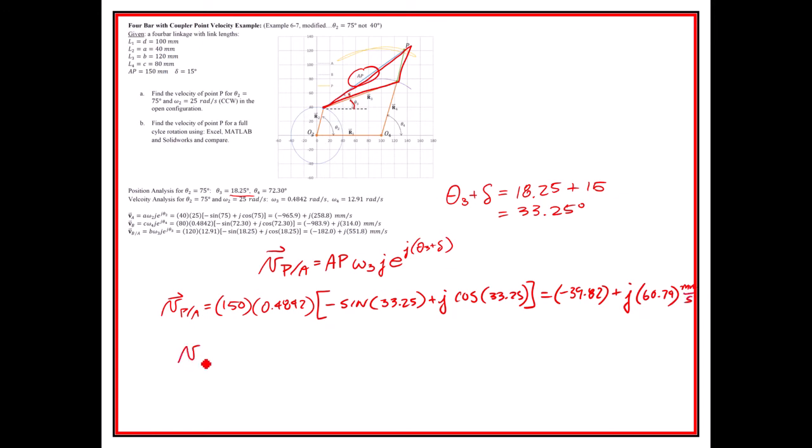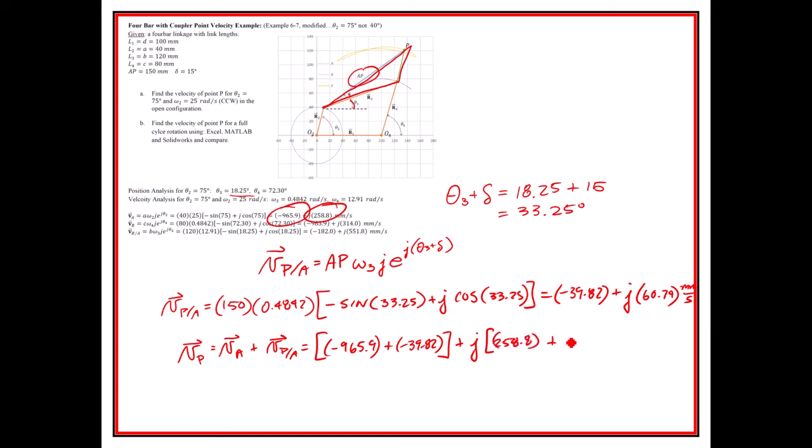And if I want VP now, VA plus VP with respect to A, I take my A that I got, negative 965.9, and I add to it my negative 39.82, and then I add the j parts, 258.8 plus 60.74, and you can see that the relative isn't all that large.